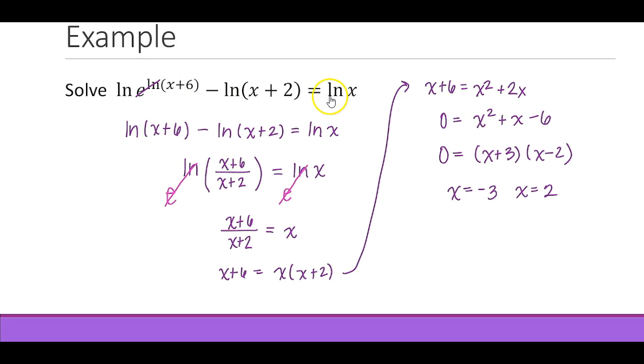But if it makes any of them not work, then I throw it out. So -3 is not a solution, but 2, let's check, 2 is fine. So natural log of 2, 2 plus 2 is 4, 2 plus 6 is 8, so +2 ends up working out. So I have just one solution to this logarithmic equation, and it is 2.